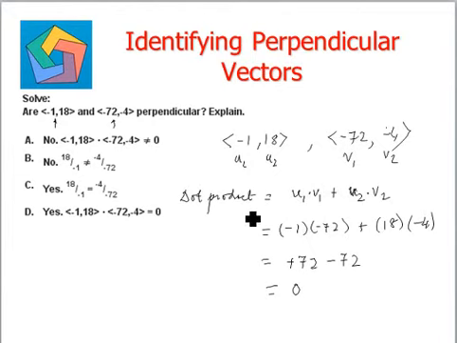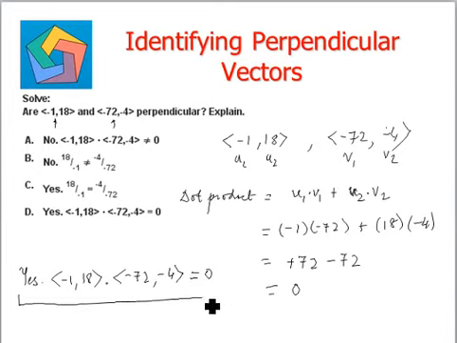Now the dot product is 0, that is, the two vectors are perpendicular. So yes, the dot product of negative 1, 18 and negative 72, negative 4 is equal to 0. This is the final answer, which can be seen in option D. Let's try the next question.